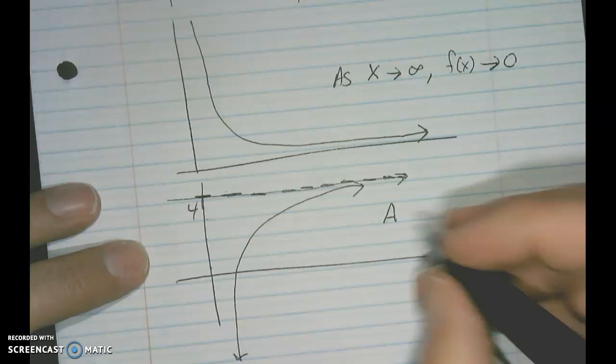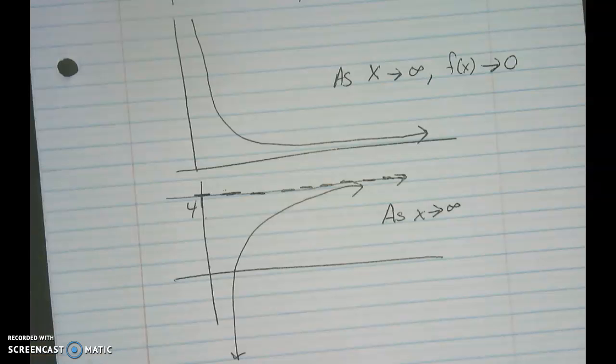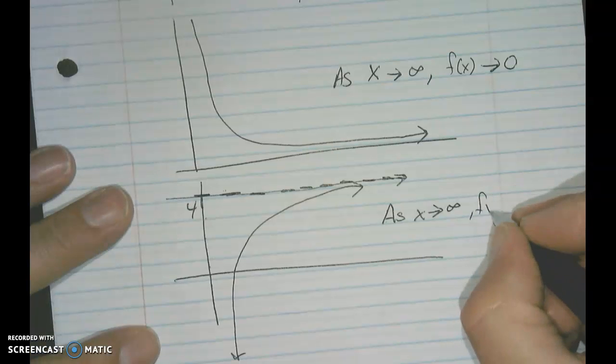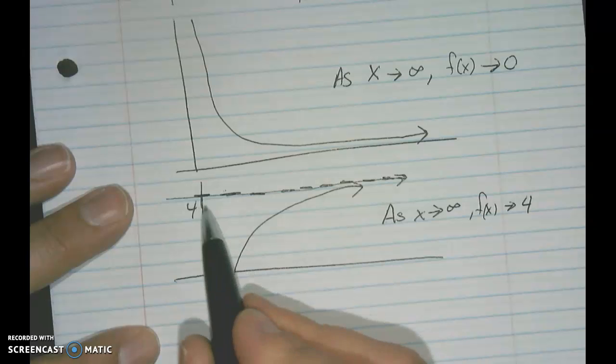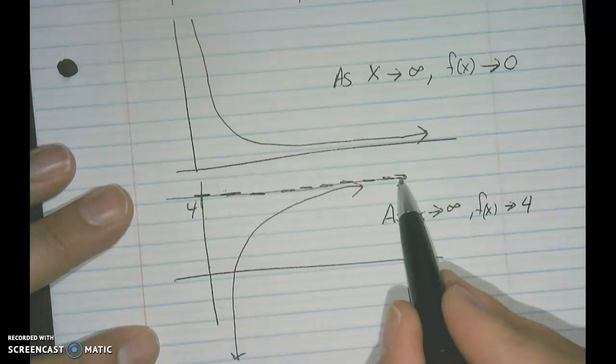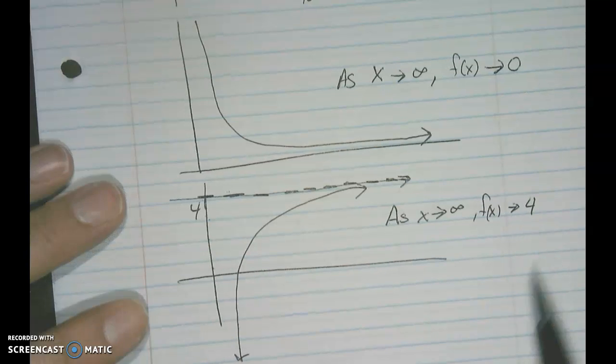Okay, so as x approaches infinity, right? f of x approaches what? 4. You can see how it's got this little asymptote right here? And I see that it's at 4. It's going to approach 4.